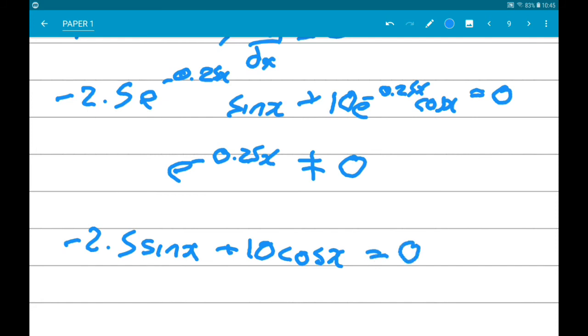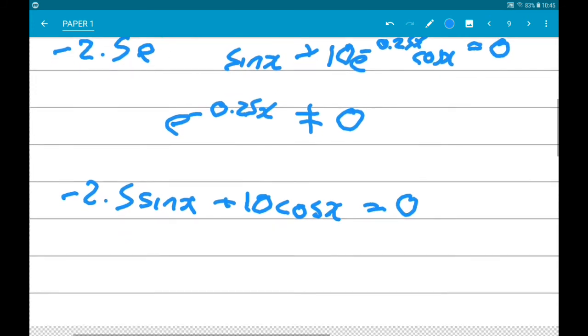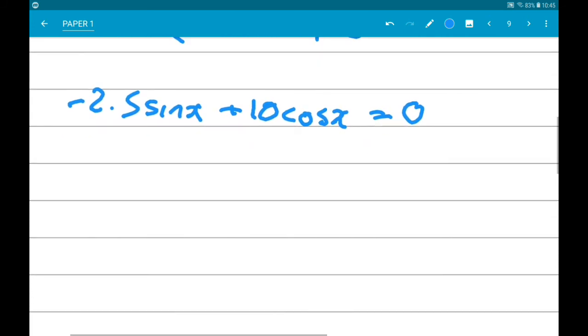Okay, now, the next thing, can we divide through by cos x? And the answer to that is yes. So, now we can say cos x is not equal to 0.